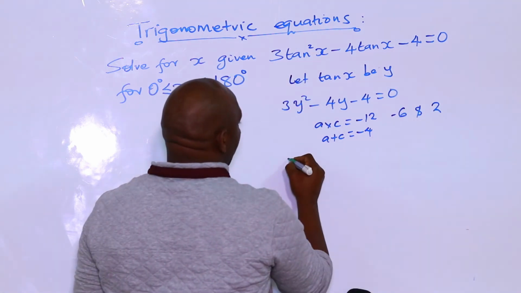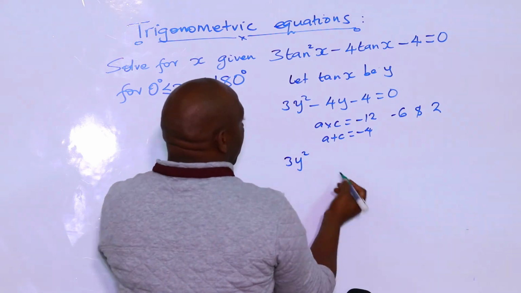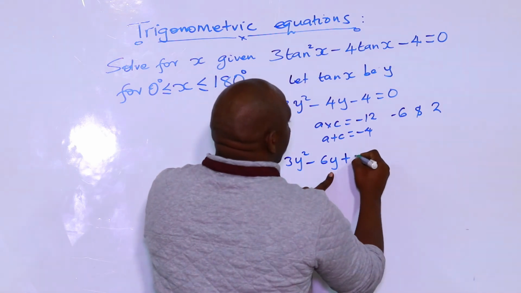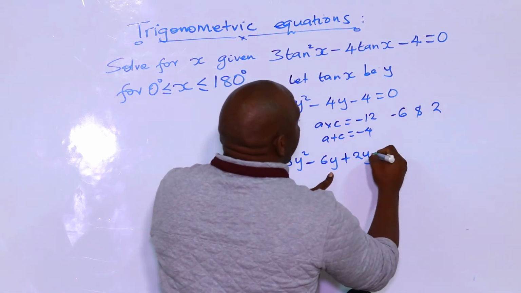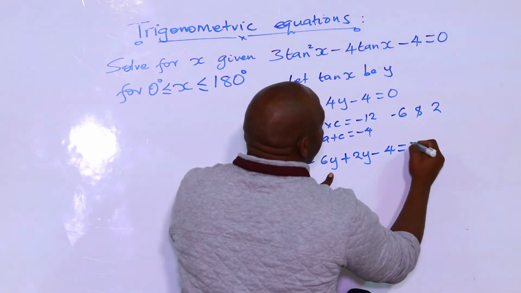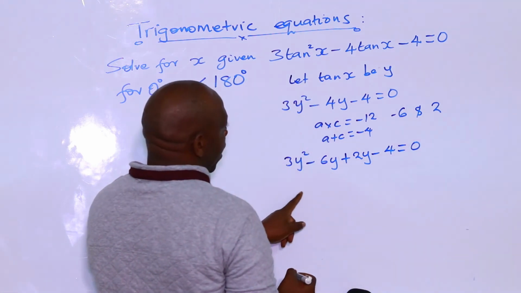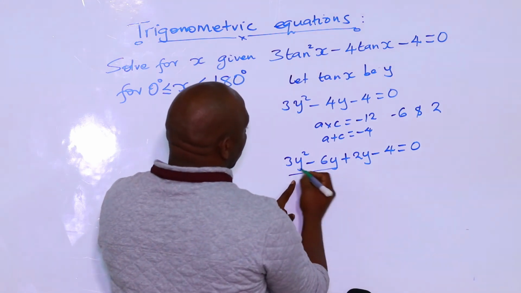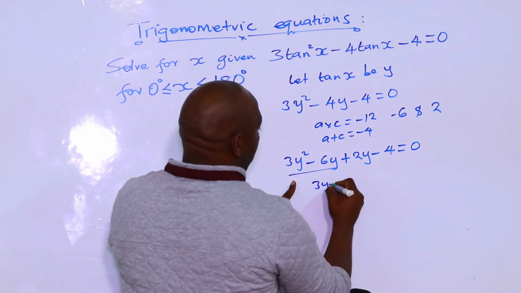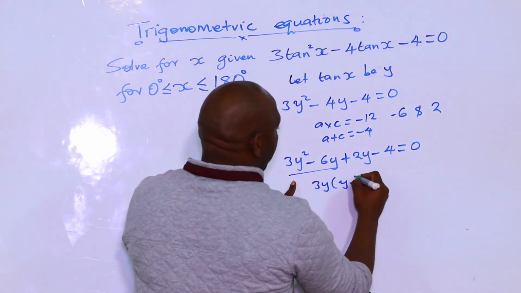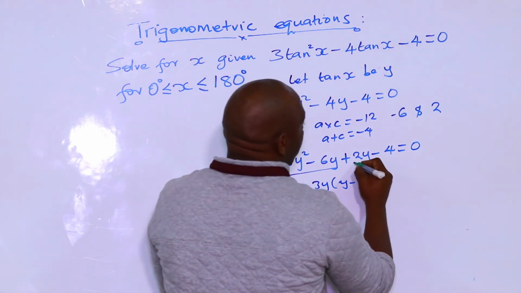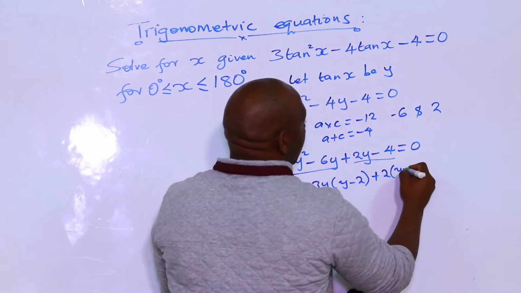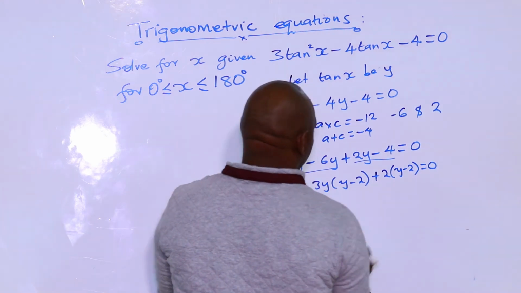So, this will be 3y squared minus 6y plus 2y minus 4 equals 0. And from there, if you take these two, factor out what is common, that is 3y, you're left with y minus 2. Then these two, factor out what is common, that is 2, you're left with y minus 2. So that equals 0.